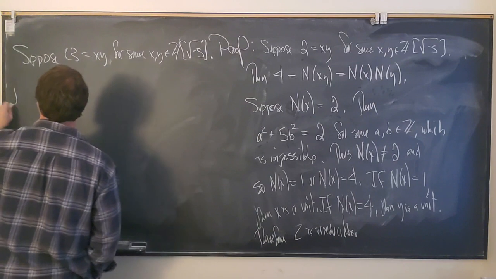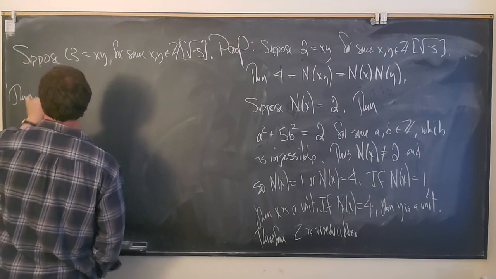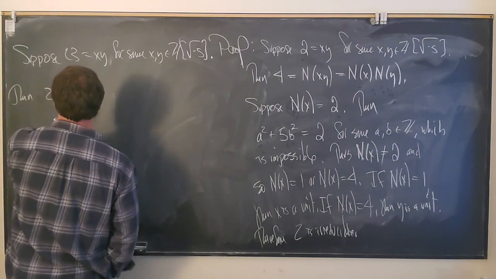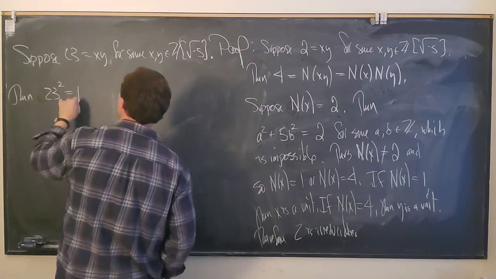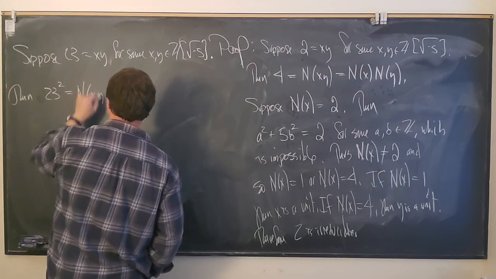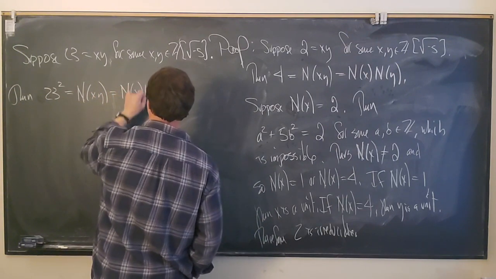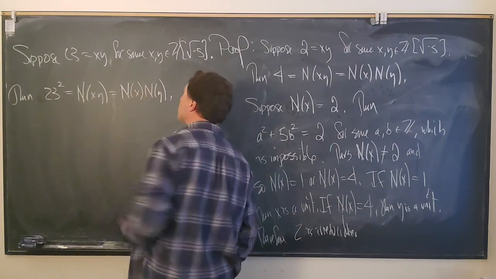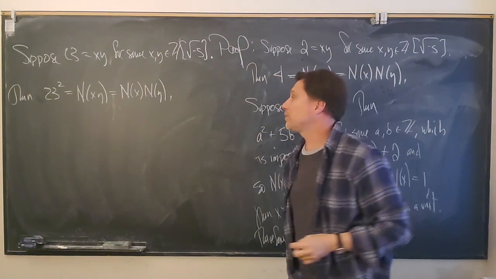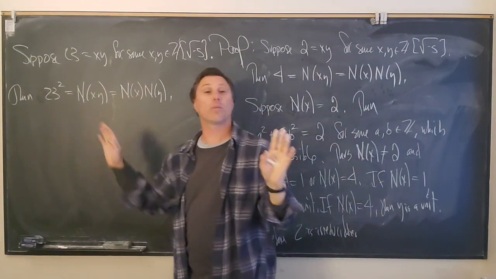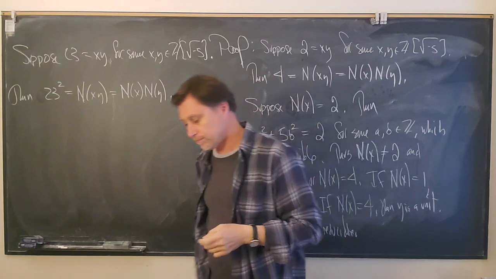Then we have 23 squared, which is the norm of x times y, which is norm of x times norm of y. So now, if we can rule out the possibility of norm of x equal 23, then we're done for the same reason as over here.